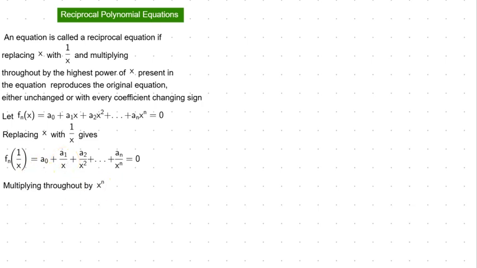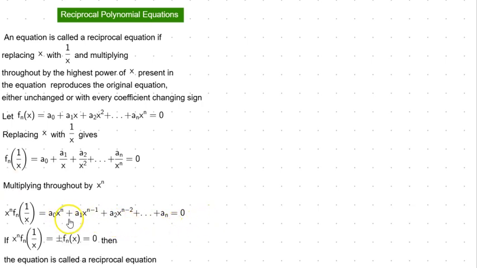Multiplying throughout by x to the power of n gives us x to the power of n times f sub n of 1 by x equal to a sub naught x to the power of n plus a sub 1 times x to the power of n minus 1 plus a sub 2 times x to the power of n minus 2 plus dot dot dot plus a sub n equal to 0.